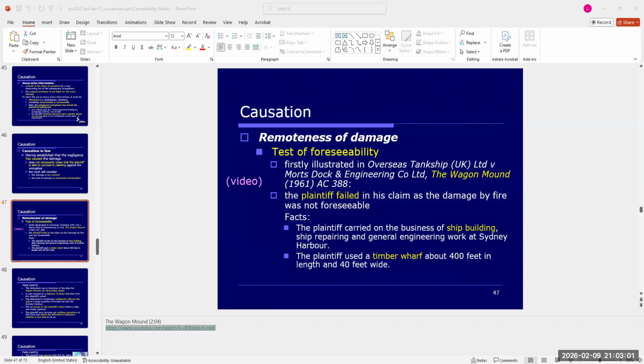And the ship was under repair, and it was noted that there was oil spillage somewhere. Then we are talking about whether the damage is foreseeable, right? So the damage due to the oil spillage is foreseeable or not foreseeable. So there was also welding operation. If there was oil, the risk of explosion and fire, right? But they stopped welding; the manager realized about the presence of the oil, then they stopped the welding operation.